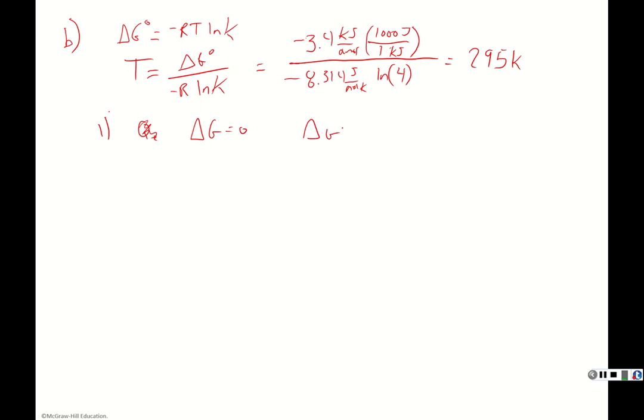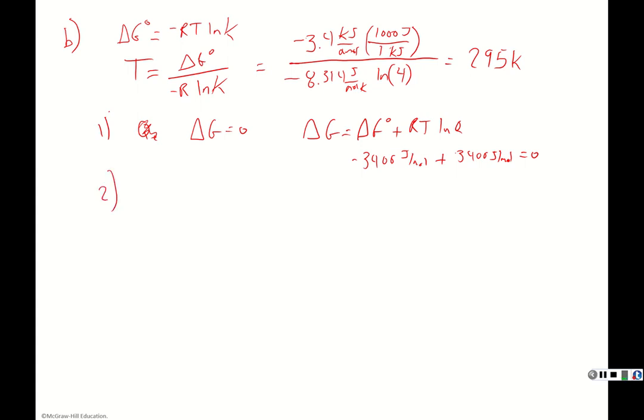So delta G equals delta G naught plus RT times ln of Q. If you plug all those values in, you're going to see that you have negative 3,400 joules per mole plus positive 3,400 joules per mole. That would equal 0, which it should be at equilibrium.